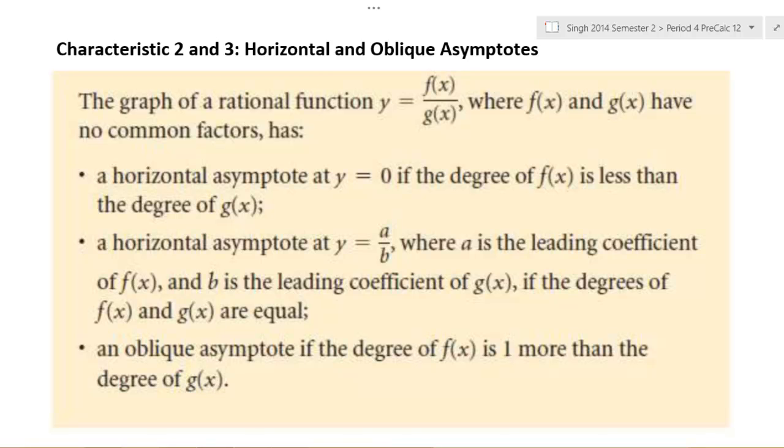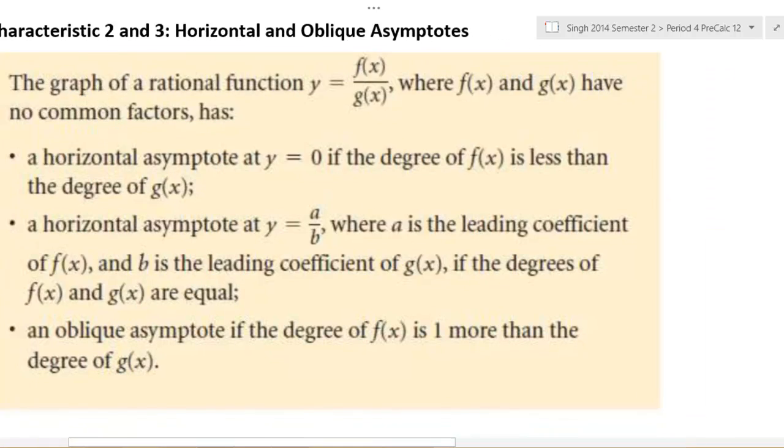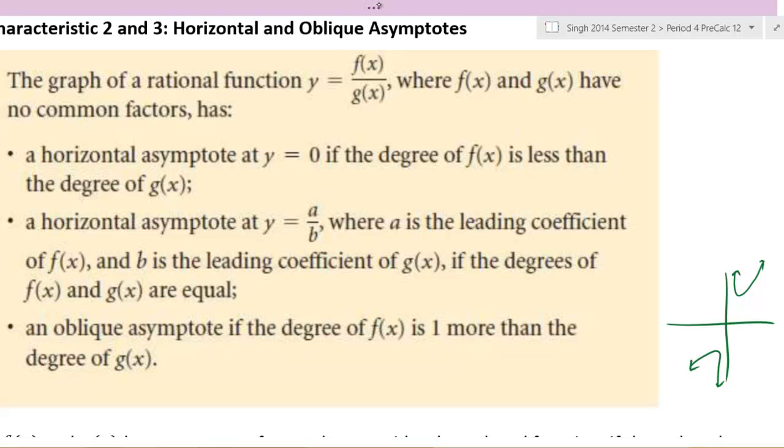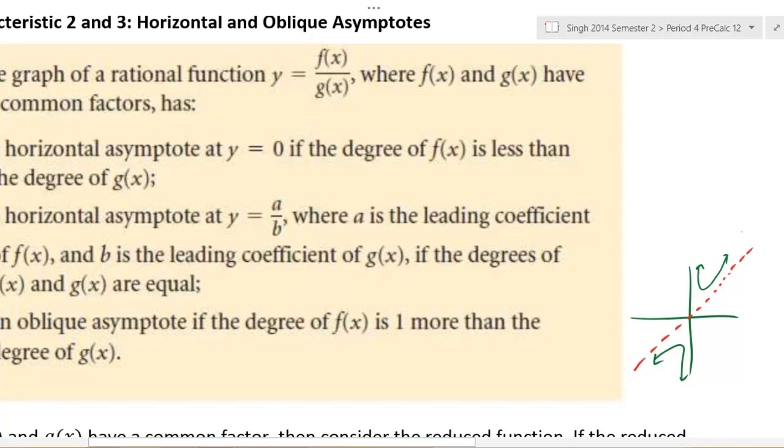One final type of asymptote we have is something called an oblique asymptote. An oblique asymptote is a diagonal line which the function behaves asymptotically around. So for example, if you had a function that's doing something like this, then that function is asymptotic along a diagonal line, this diagonal line. And that diagonal line represents an oblique asymptote.